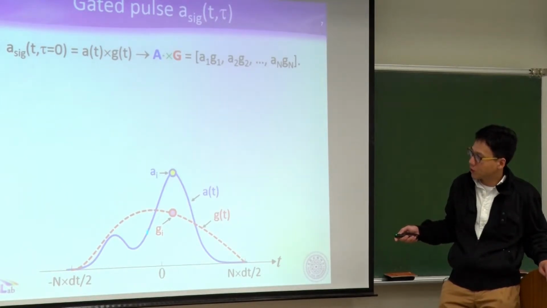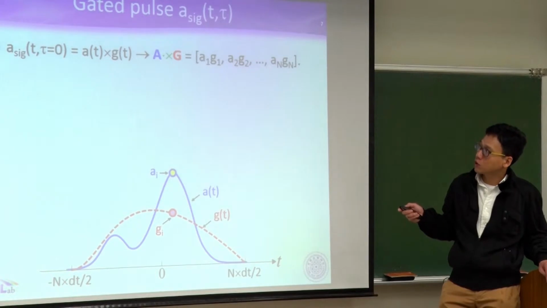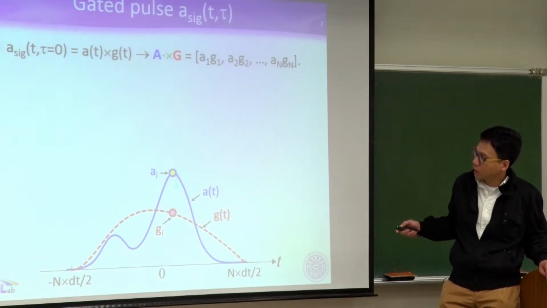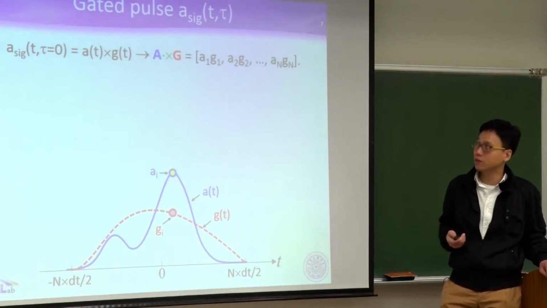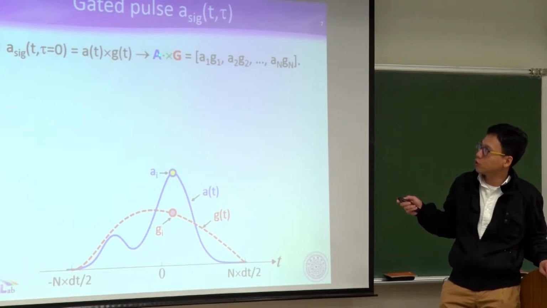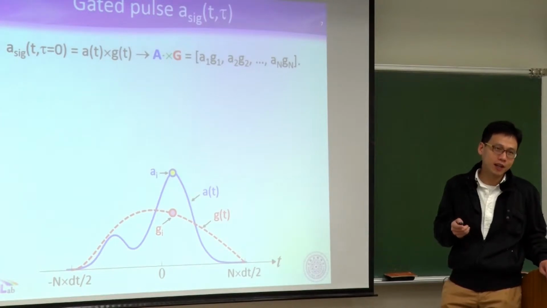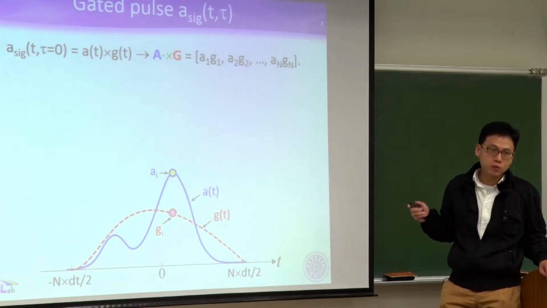So the blue curve means A of t. The red dashed curve represents G of t. When tau equals 0, you get a function which is the product of these two curves, A of t times G of t. Numerically, it's equal to vector A dot cross vector G. Dot cross means term-wise product.